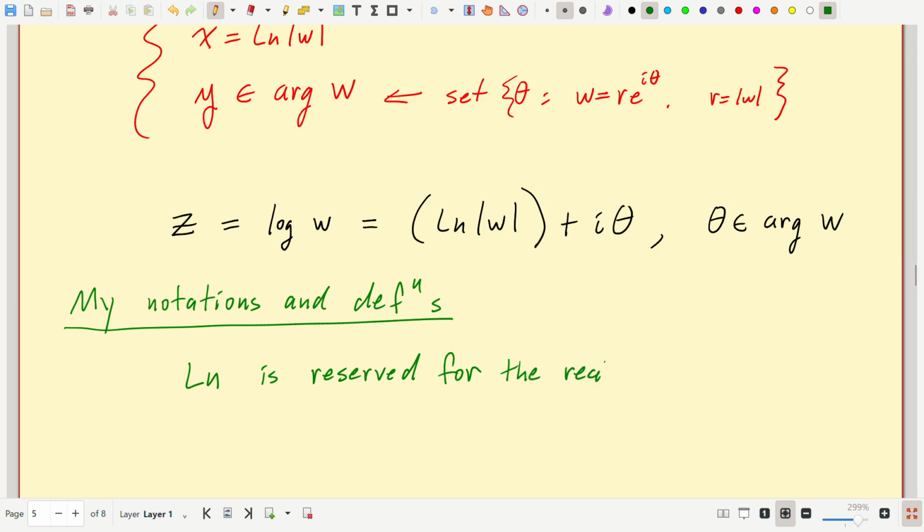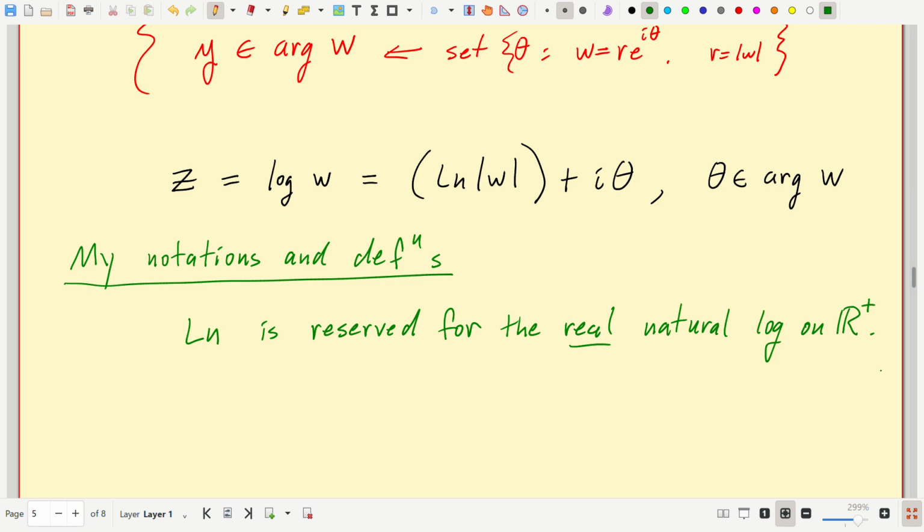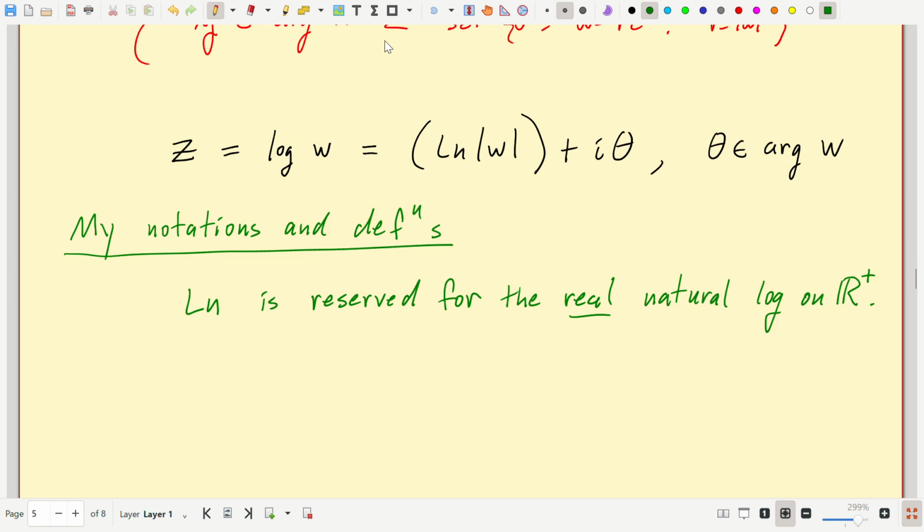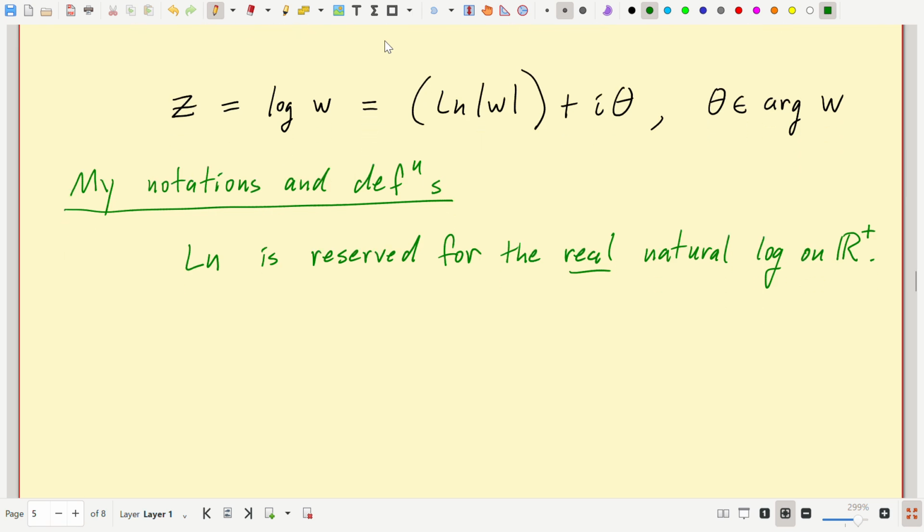The real log, natural log. And of course, that's a function on R plus. It bugs me when people write ln and they're talking about a complex logarithm. And it's amazing how many people are going to end up doing that and bugging me.